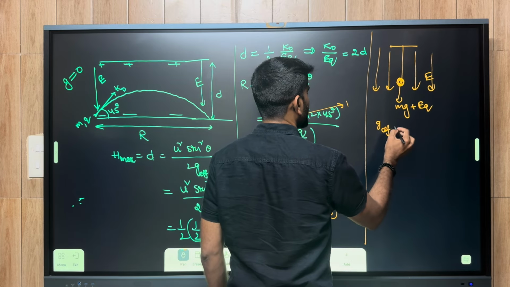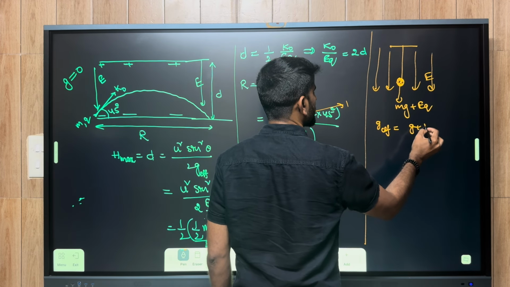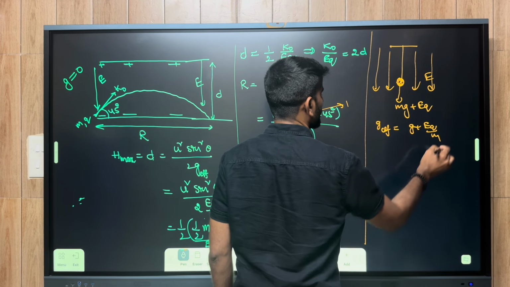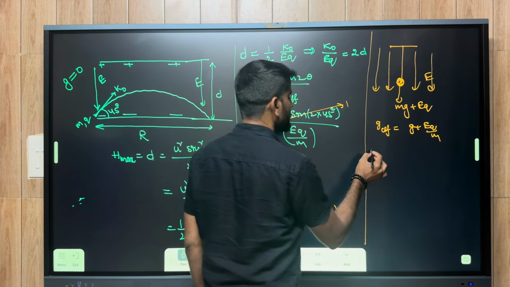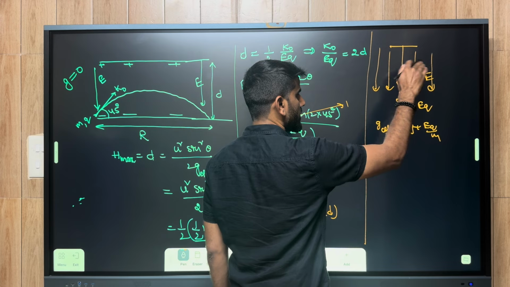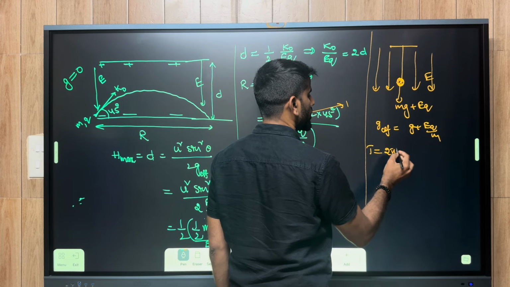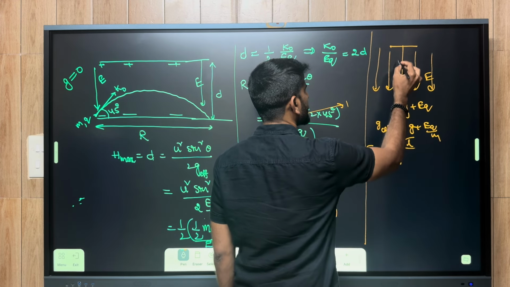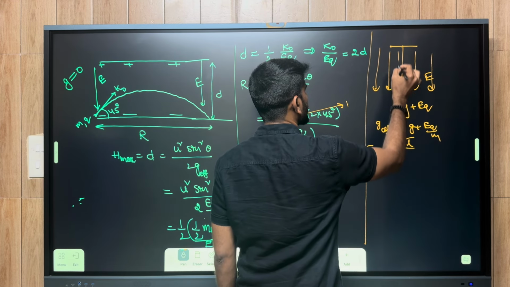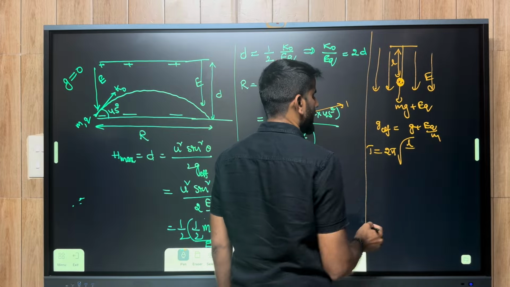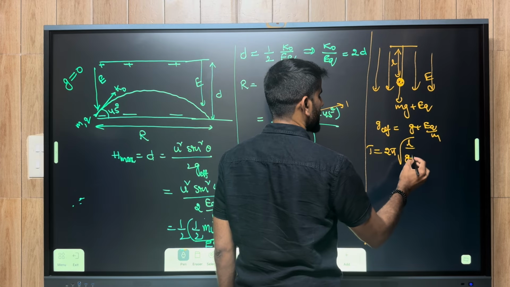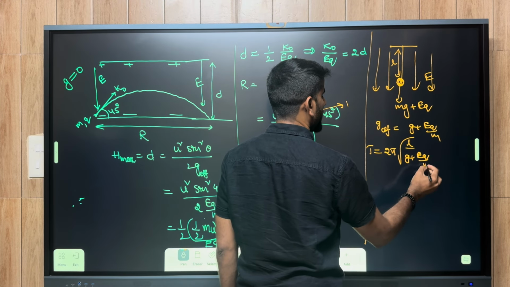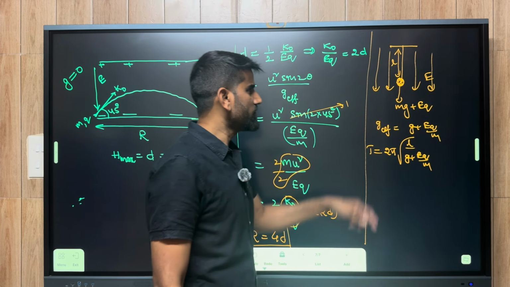Now g effective will be g plus eq by m. Now the time period of the pendulum is equal to 2 pi root over L by g effective, where L is the length of the pendulum, and g effective is g plus eq by m.